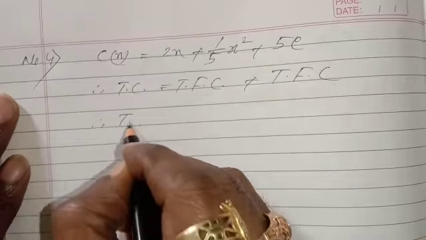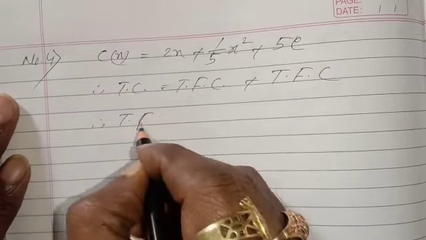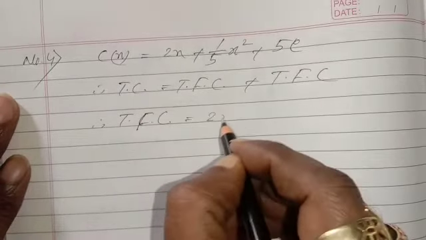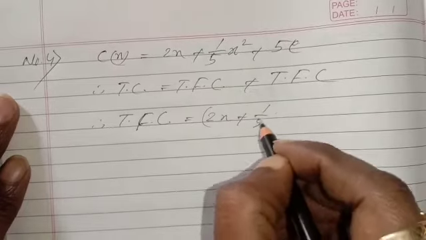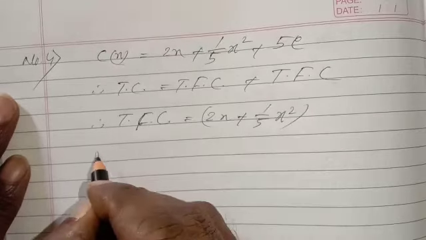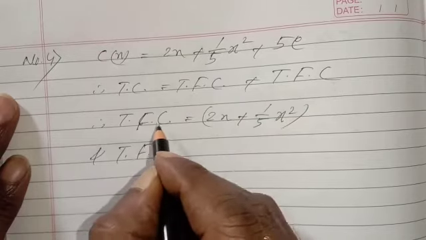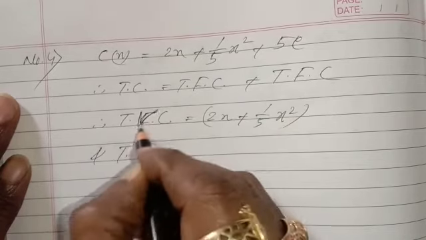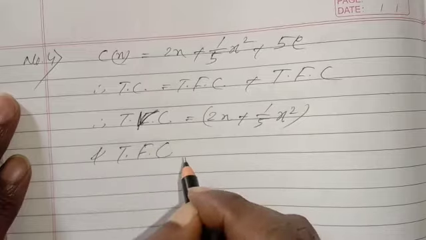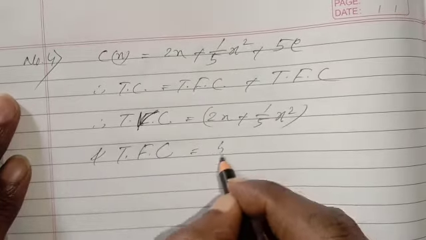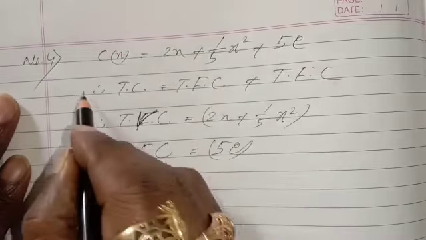Therefore, total variable cost is 2x plus 1/5 x², and total fixed cost will be how much? Total fixed cost will be 5e. This is constant.